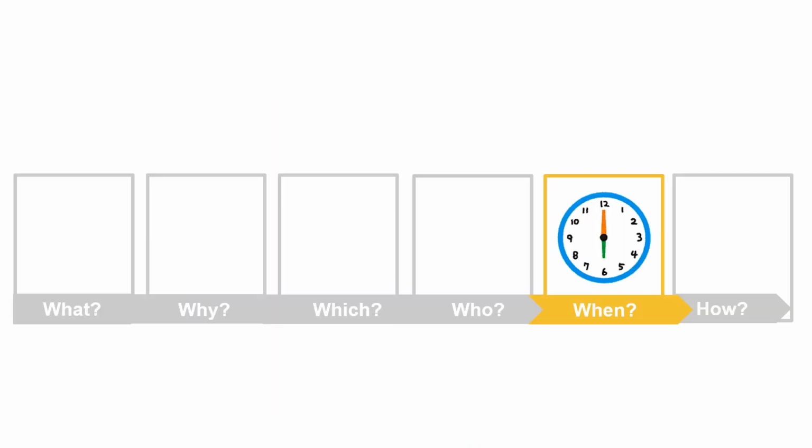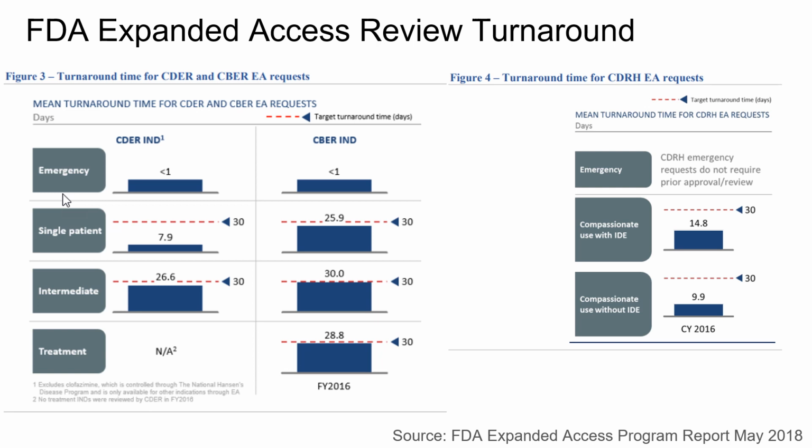So now I want to talk about time: the time required to obtain expanded access authorization. These figures are from the most recent FDA expanded access program reports, published in 2018. It shows the turnaround time in days by center for each type of expanded access request.